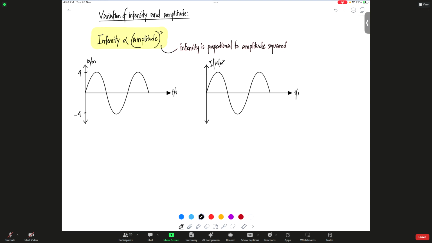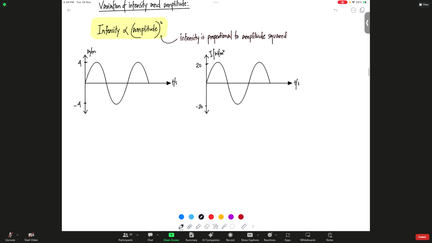Isn't the wave fluctuating? Energy, so isn't intensity fluctuating? Let's say this value is 20 here, and this is -20 watt per meter square, right? Can you tell me, draw or sketch the graph for intensity versus T if amplitude is increased to 5 centimeter.